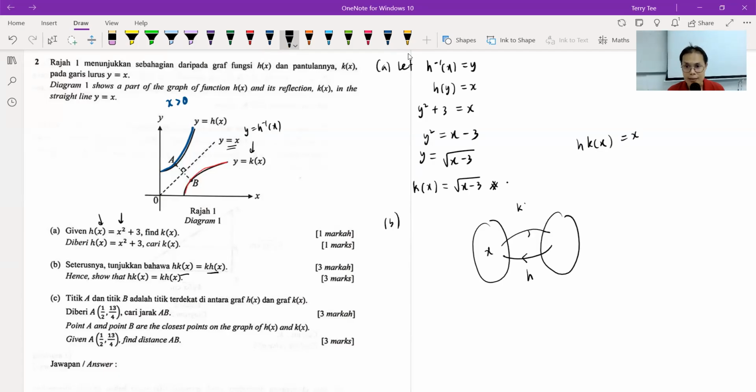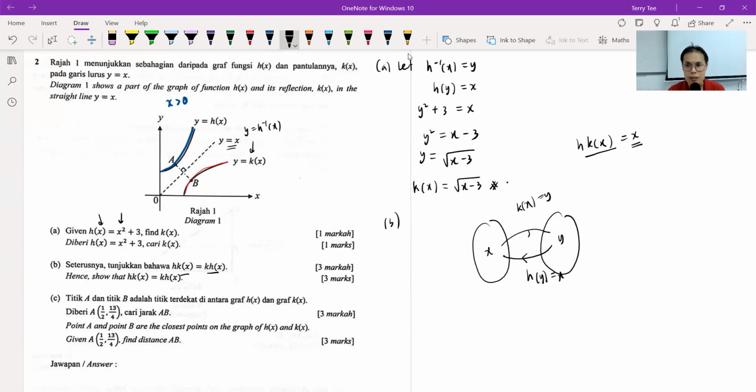Because let's say I start from x, I go through function k(x), let's say I get y, then I follow by function h, and since h is the inverse of k, h(y) will map the y back onto x. So function hk(x) is always going to give us x again, right?